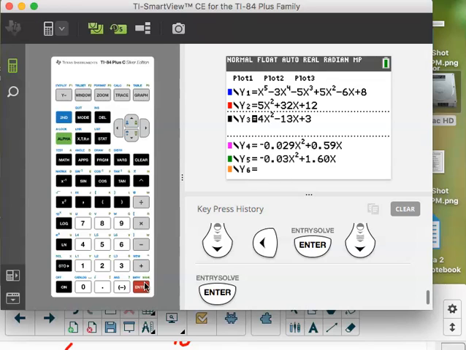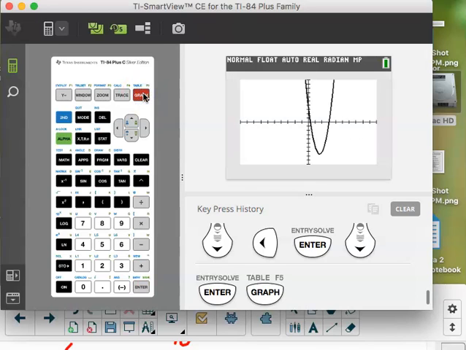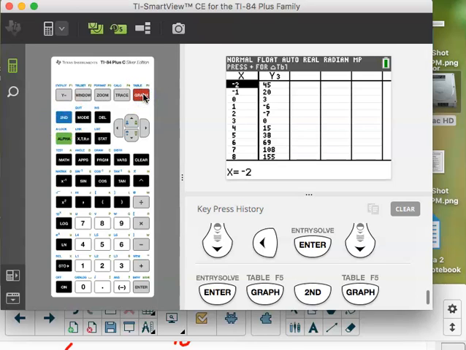Graph. You can hit graph. We already had our Zoom 6 in there. Oh, cool. Kind of looks like maybe 3, 0 is a perfect one. Let me check the table. Second graph. Yep, 3, 0. It's all about the zeros and the y. The other one didn't look quite so perfect.